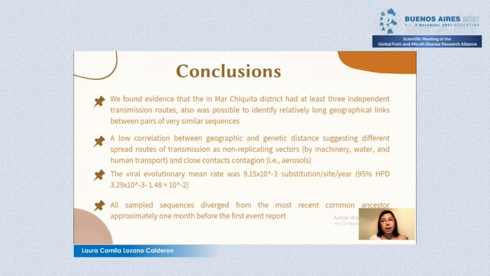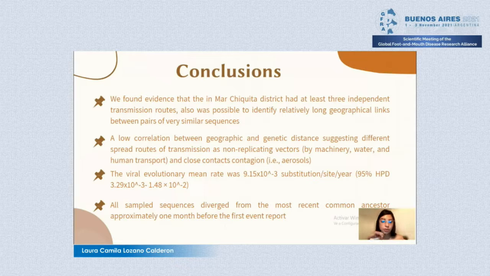So finally, we can conclude that in Mar Chiquita district, there is evidence of at least 3 independent transmission routes, and it was also possible to identify relatively long geographic links between pairs of very similar sequences. This suggests that the different spread routes may involve non-replicating vectors like water and human transport.